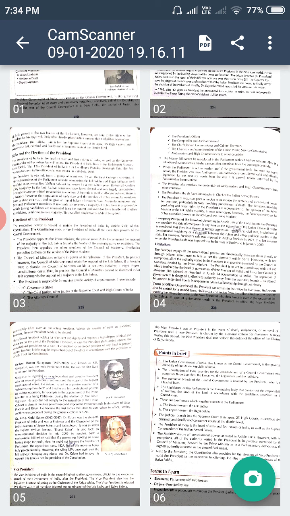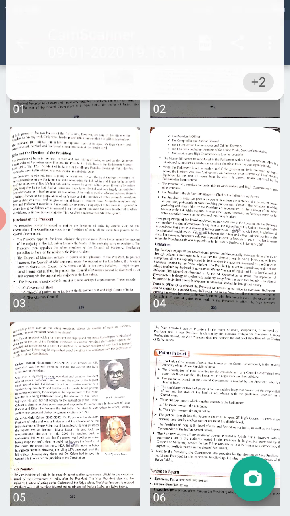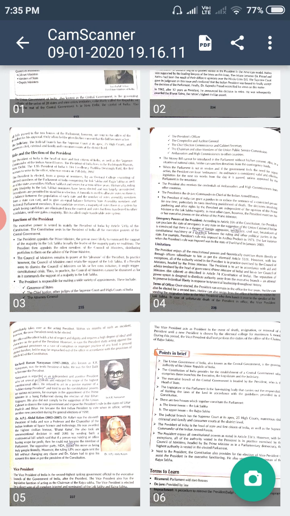Then APJ Abdul Kalam, he was the 11th president of India, and he was a professor and the chancellor of the Indian Institute of Space Science and Technology. He was awarded the highest civilian honor, that is Bharat Ratna. He also took certain decisions which set an example, like he sent back the controversial bill according to which a person who was holding an office of profit could not become a member of parliament.